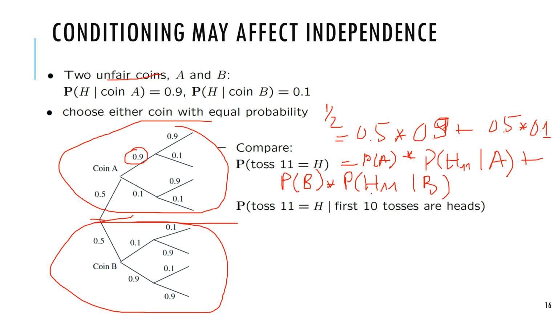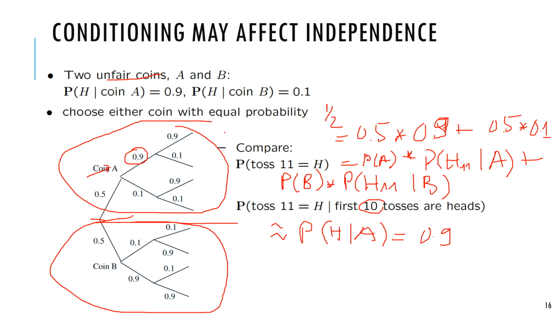You can apply the Bayes rule for this, but here we can know that since the 10 tosses are heads, it means a higher probability that it is coin A. So this is equal to the probability of heads given A, so it is 0.9.